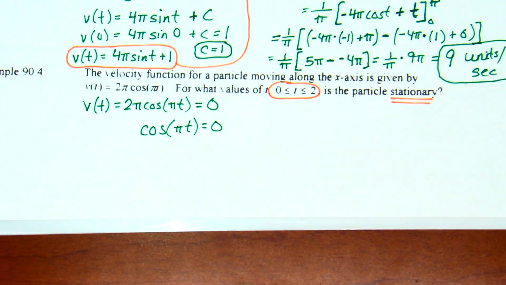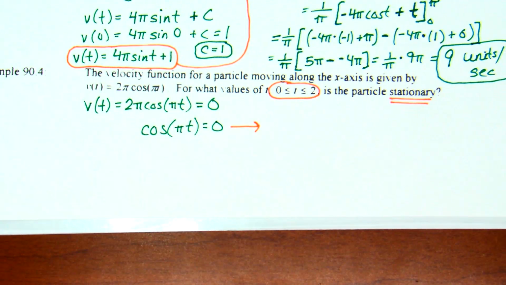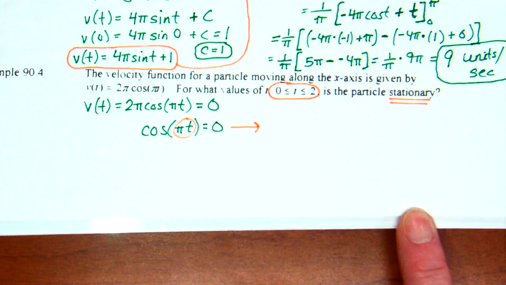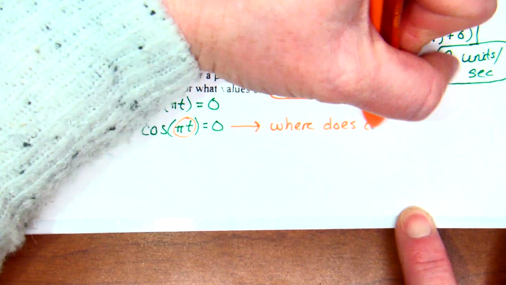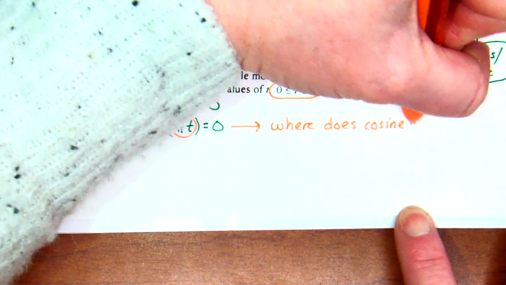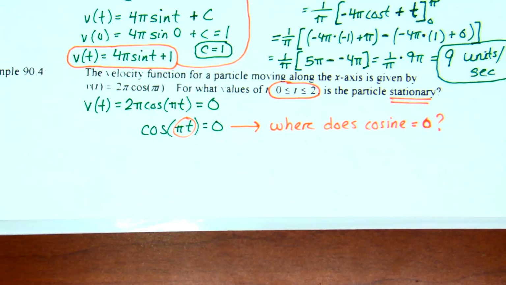Now, if you recall, we did something like this in pre-cal, I believe, that pi t kind of throws things off, doesn't it? It'd be whenever pi t is equal to pi over 2. So start by asking yourself, if we forget pi t for a moment, you first have to be able to answer the question of where does just regular cosine equal 0?